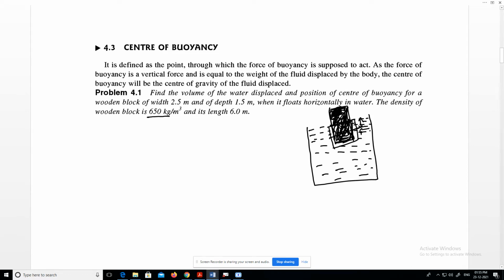You have to clearly note down that the density of the wooden block is less than the density of water. Right? What is the density of water? Density of water is equal to 1000 kg per meter cube.